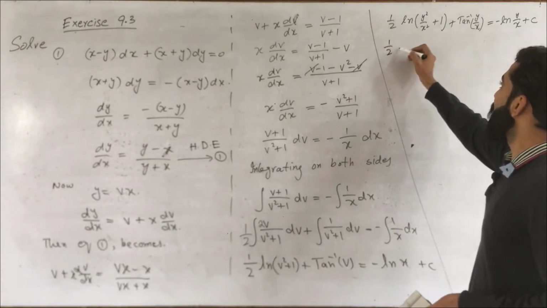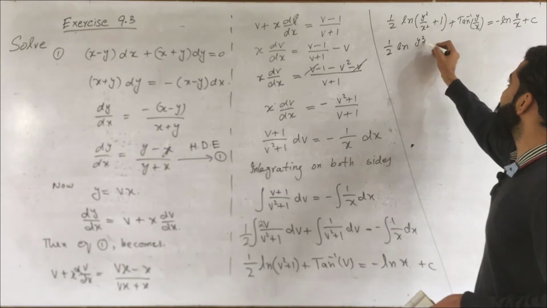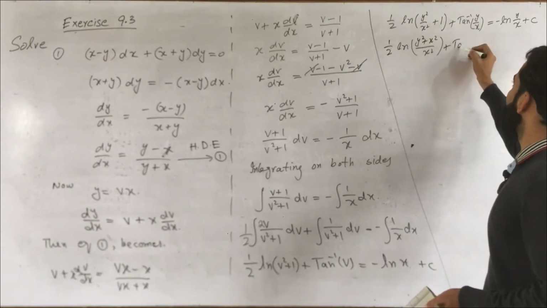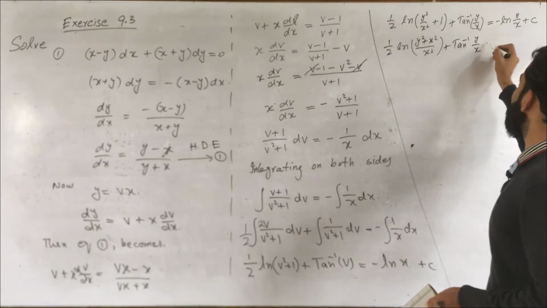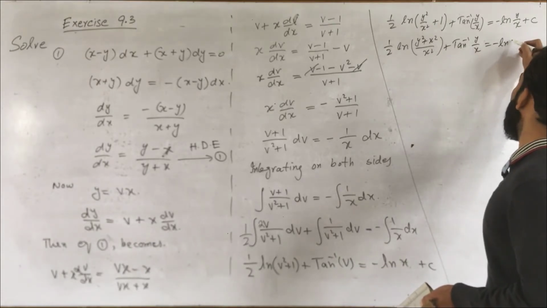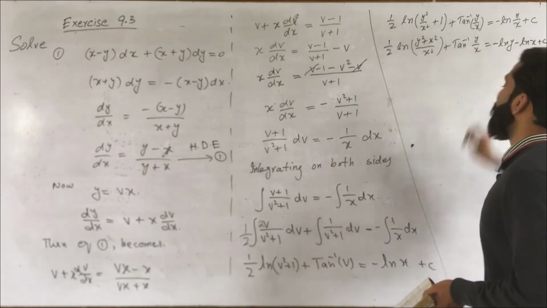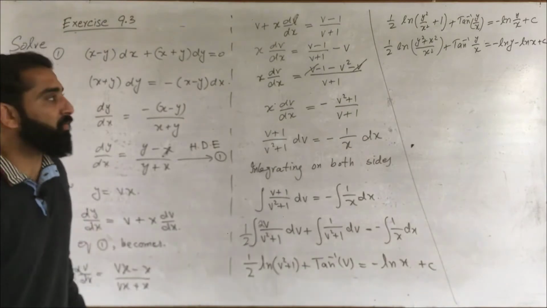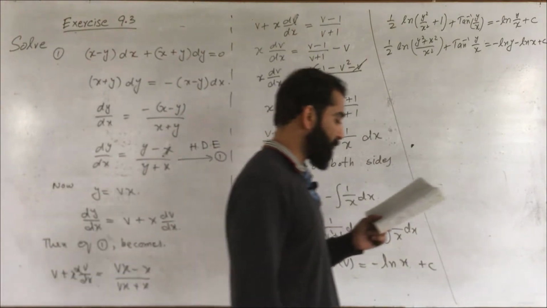Now natural log of y square plus x square over x square plus tan inverse y over x is equal to minus natural log of y minus natural log of x plus c. We use the property of natural log, that natural log of y over x is equal to natural log of y minus natural log of x.